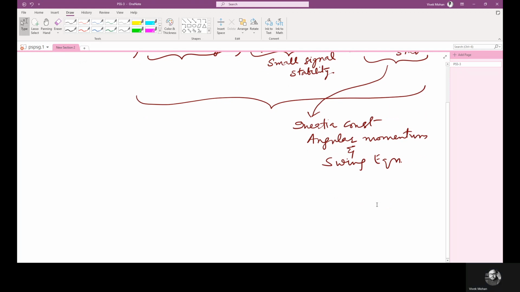Now, what is meant by inertia constant or per unit inertia constant? It is denoted as H and the unit is megajoules per MVA.